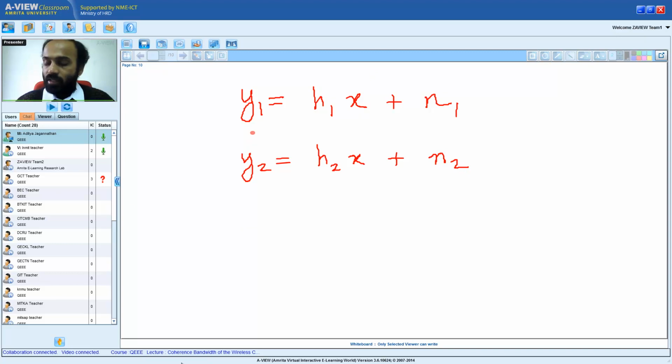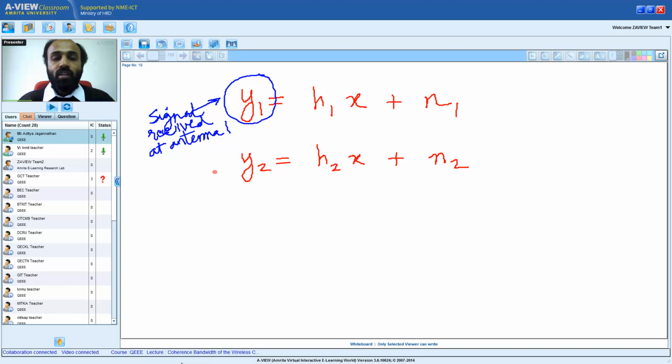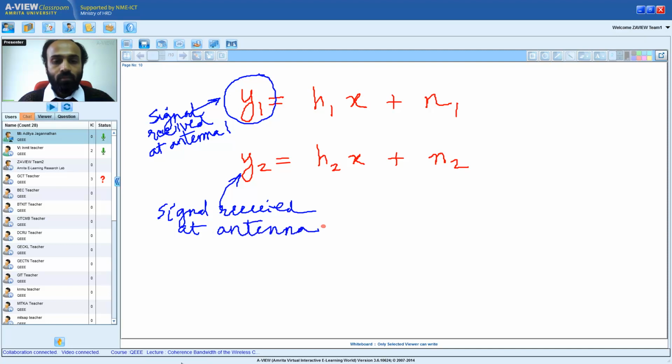Therefore, what am I saying? y1 is the signal received at receive antenna 1, y2 is the signal received at receive antenna 2.